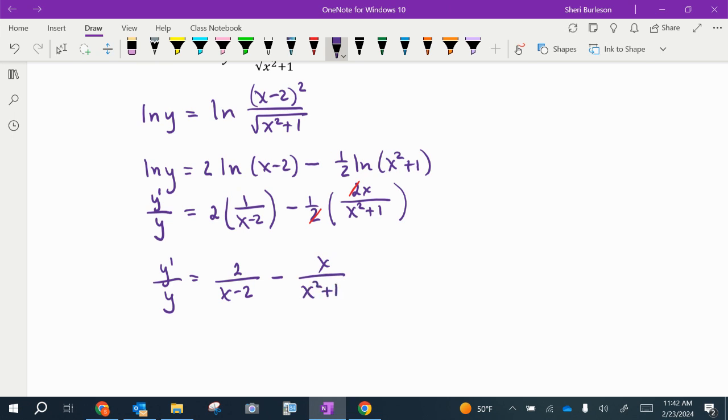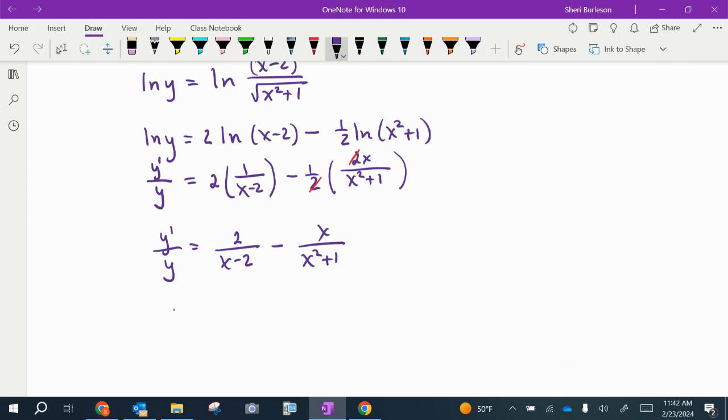So now I don't want to know what y prime over y equals. I want to actually know what the derivative of y is. What is y prime? So y prime is going to be, I multiply both sides by y, so it'll be y times what I got when I did logarithmic differentiation.